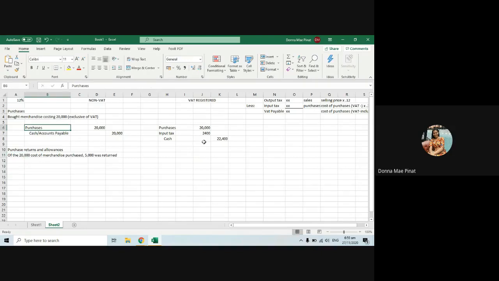For non-VAT, if the supplier is not VAT registered, normally it depends on whether there is a refund. If you bought in cash, of course you will receive cash, somehow a refund. So to record the return, it is purchase returns and allowances, 5,000.